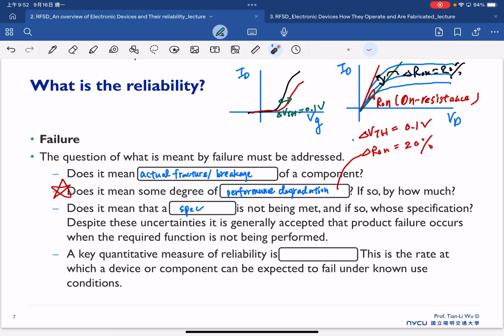Every time we consider reliability, we have to be very clear about how we define failure. Despite these uncertainties, it is generally accepted that product failure occurs when the required function is not being performed. And then the key quantitative measure of reliability is the failure rate.